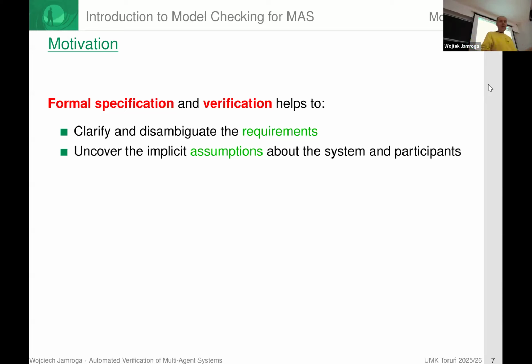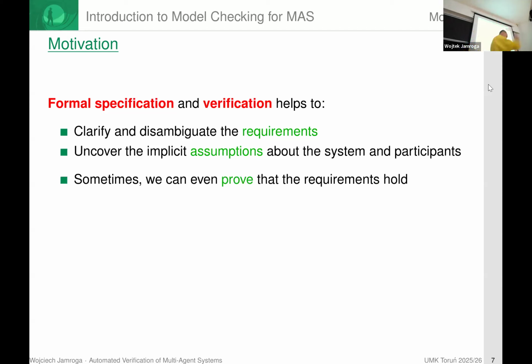Then, while we are disambiguating the requirements, we typically realize that each of us has a number of implicit, subconscious assumptions about how these things should be modeled and reasoned about. And quite often these assumptions differ. So making them explicit helps a lot. And so that was the specification part, which is already very useful, maybe even more useful than formal verification.